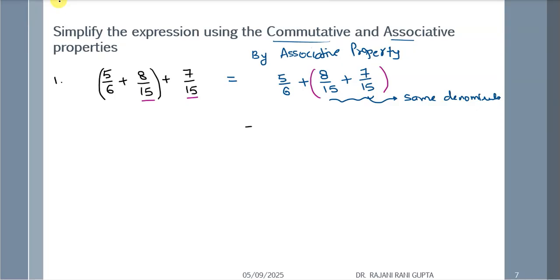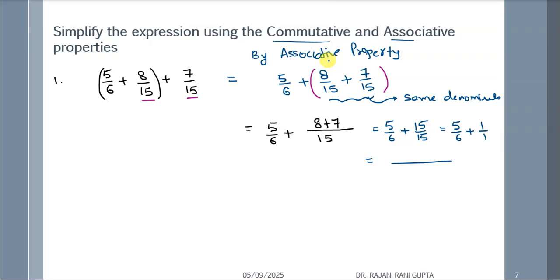So this will give you 5 over 6 plus, when the denominator is the same, what will you do? You write 15 and you just add the numerators. Okay, so how much is 8 plus 7? This gives you 5 over 6 plus 15 over 15. So this cancels to 1. Okay, 1, or you can write 1 over 1 because you need further simplification.